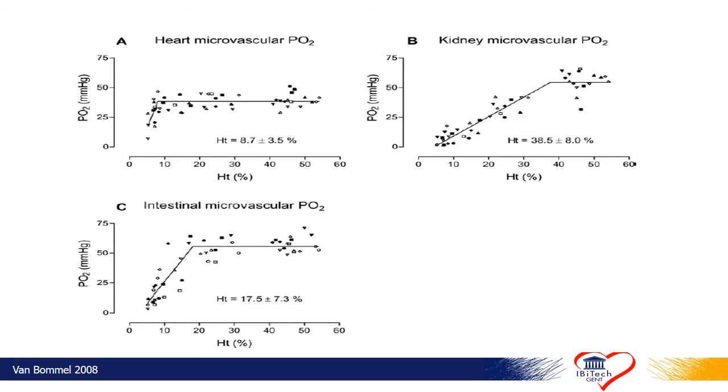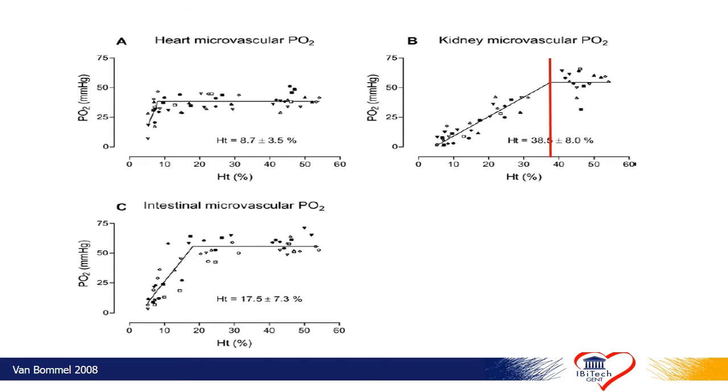Also important to understand is that we should not focus only on the systemic values, but we should mainly try to have information about what's happening inside the organs, as it is the organs that fail and not the systemic circulation. And as you can see, there are huge differences depending on the organ.